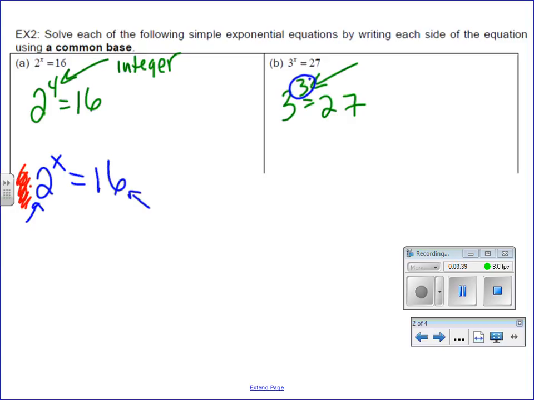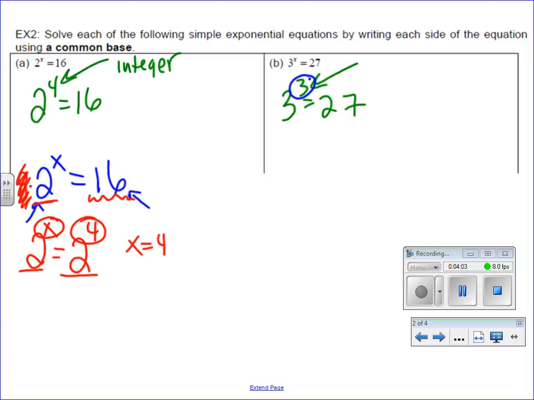So I can't just multiply the base by something else. The only thing I can do is rewrite 16 as 2 to some power. So 2 to the x is going to stay the same. And 16 I can rewrite as 2 to the 4th power. So now, as long as the bases are the same, the exponents are equal.